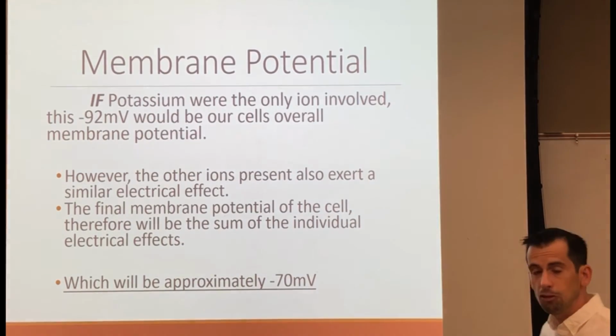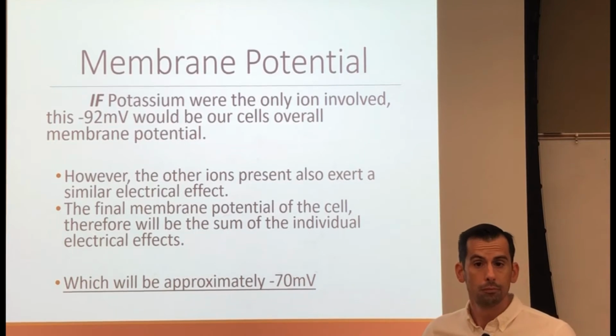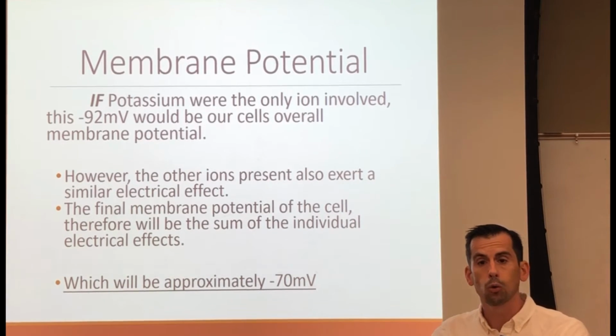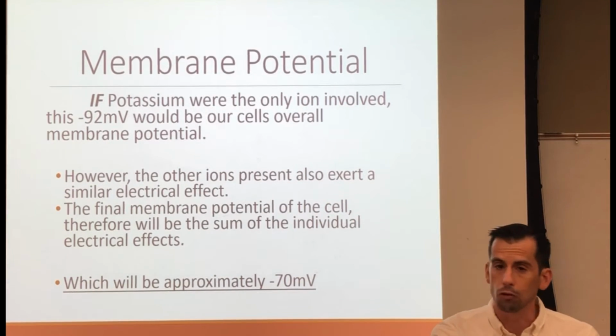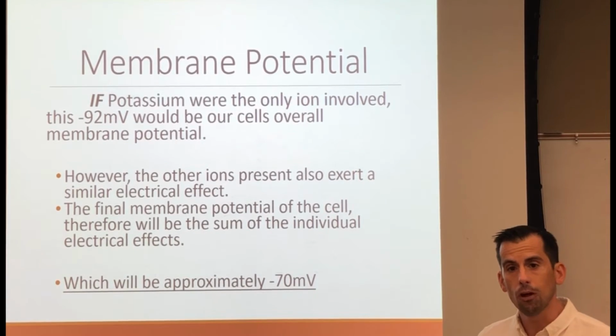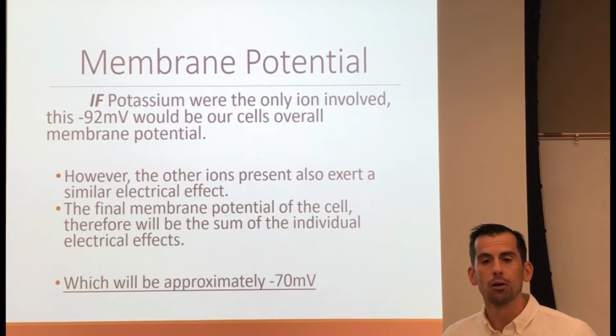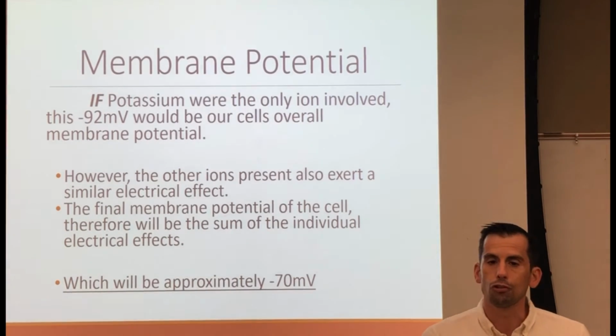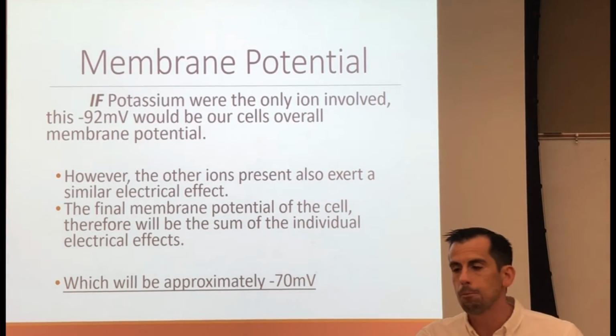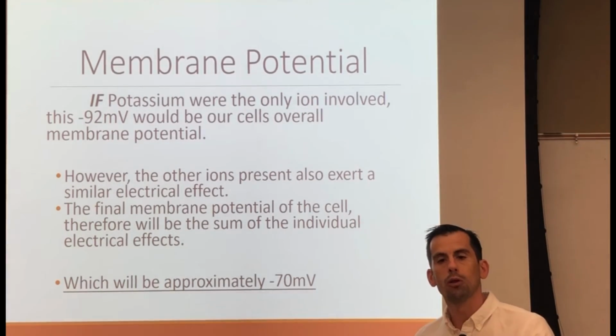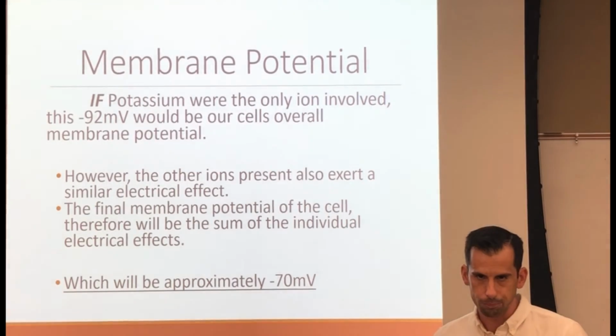Now, potassium is not the only ion present. We already said we have sodium, chloride, and calcium outside. We have our other negatively charged anions inside the cell. All of those ions will undergo a very similar movement, where they will diffuse along their concentration gradient and then get pulled back across the membrane by their own individual electrochemical gradients.